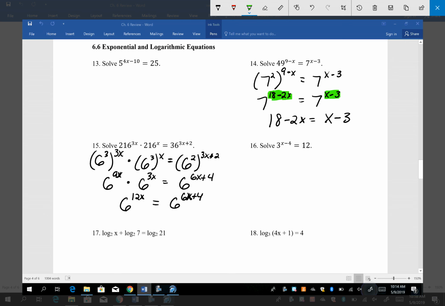Okay, here we are again. We've got the same base, so all I care about are the exponents. Then I would move the 6x over to get 6x equals 4, and so x equals 2/3.